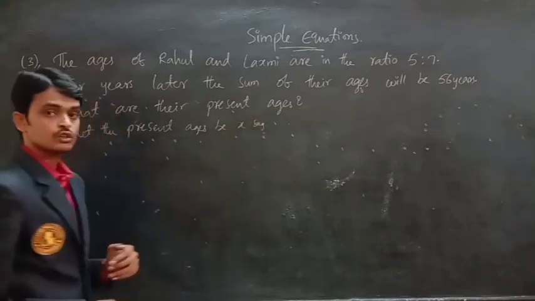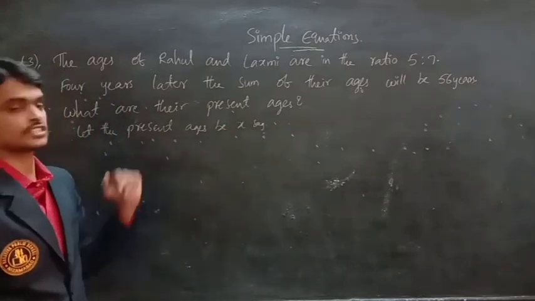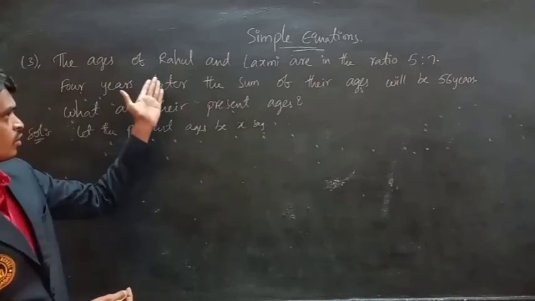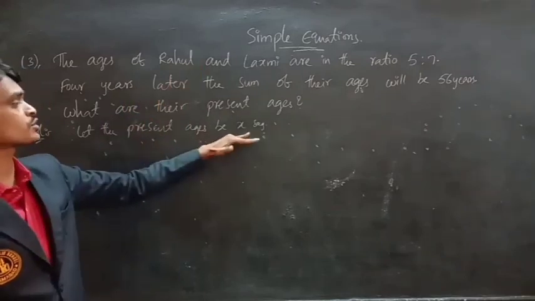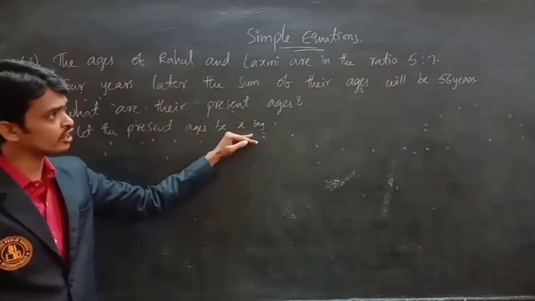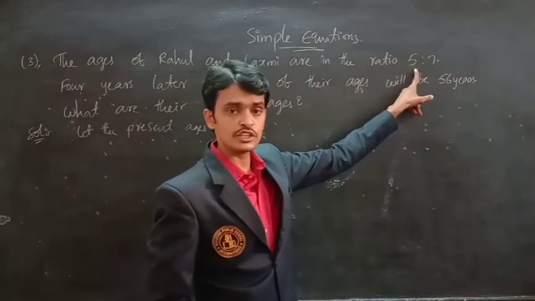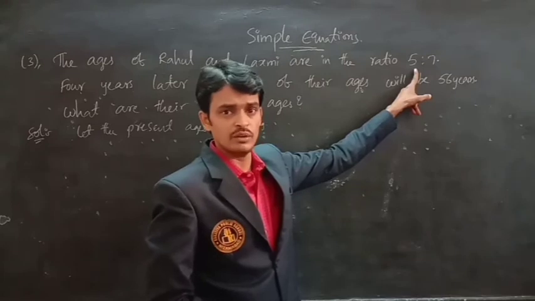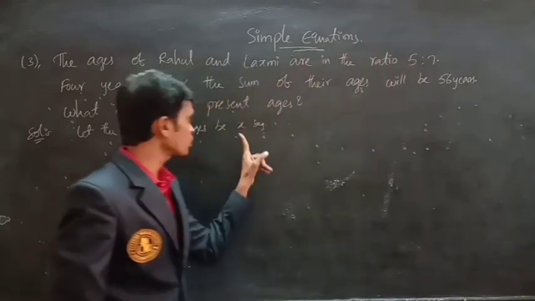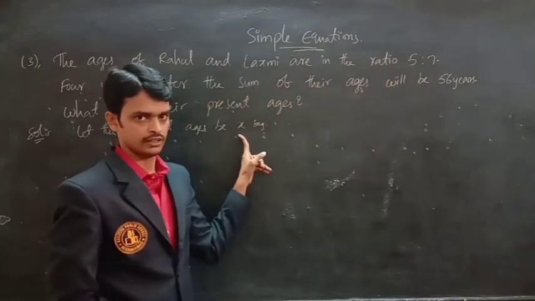So Rahul's and Lakshmi's present ages we should take as x. Why? Because they are given in the ratio. Now if they give the ratio, directly we can't find the value. By multiplying the unknown variable we can find.